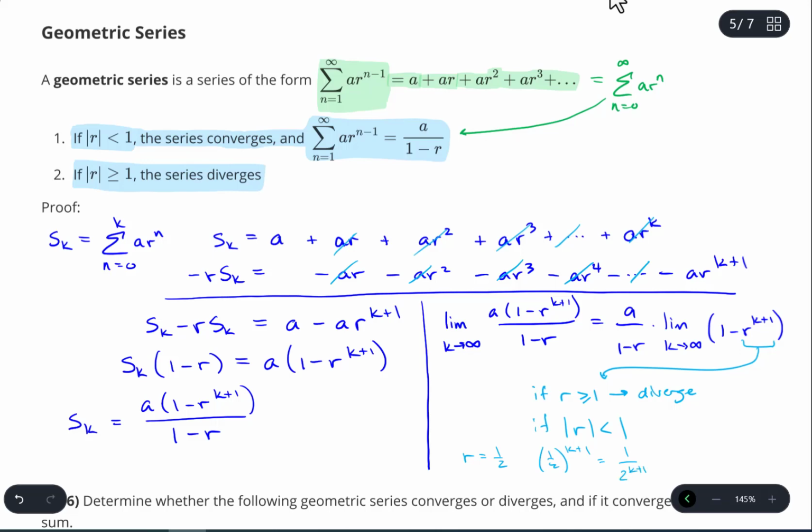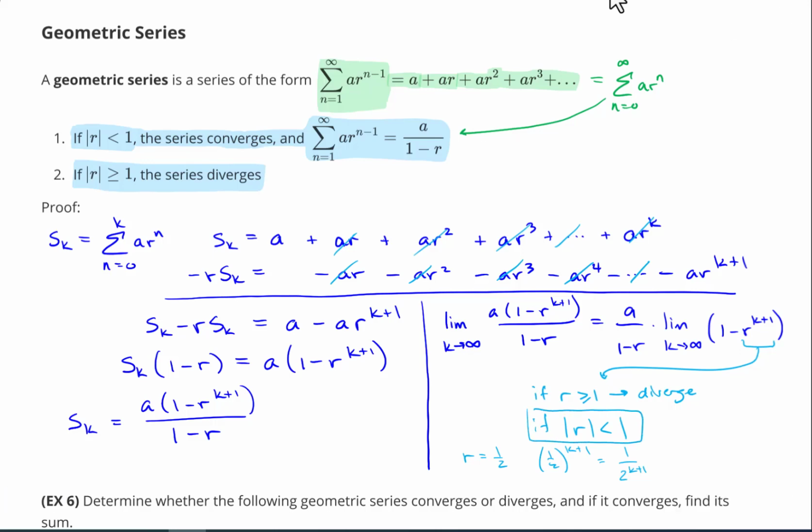So I have a fraction where the denominator is changing, the numerator is not. So what happens there is under this condition, if the absolute value of r is less than 1, this term goes to 0. And if that goes to 0, this limit is just 1 because k is not changing anywhere beyond that.